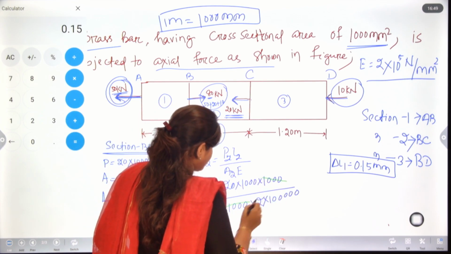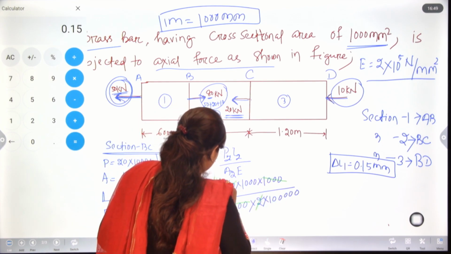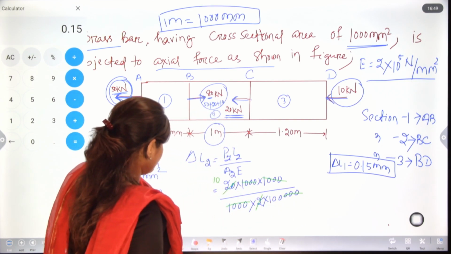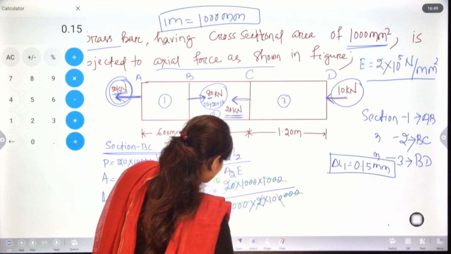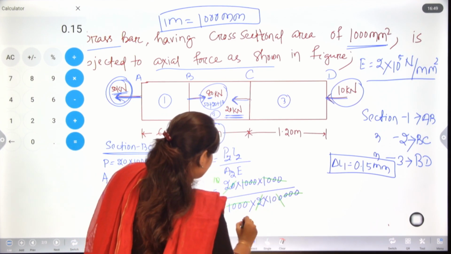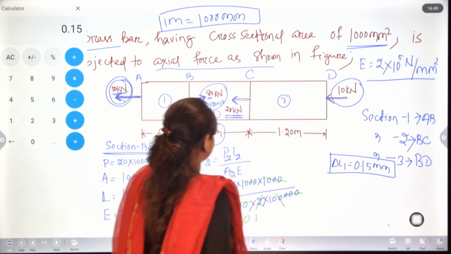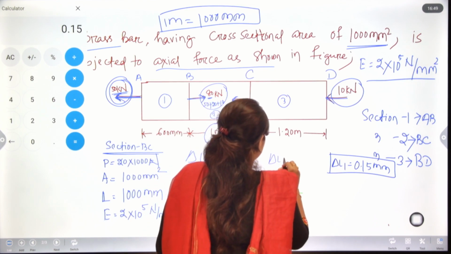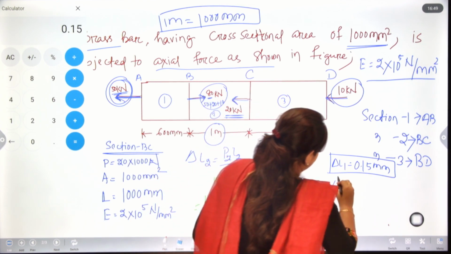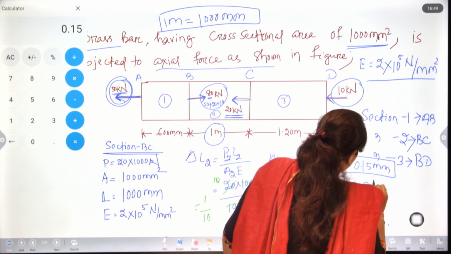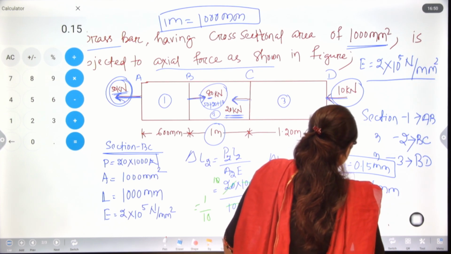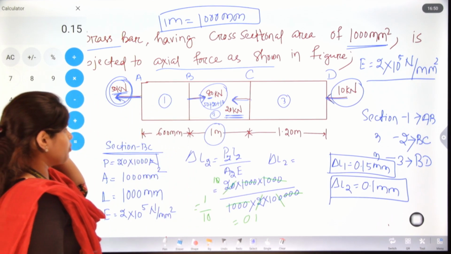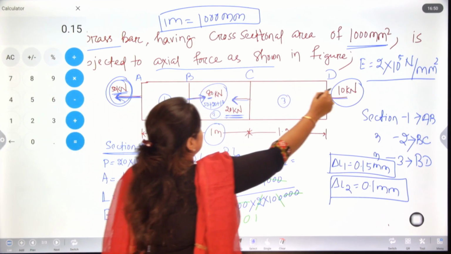Here 1000 cancels, and 2 with 20 becomes 10. So 1 by 10, that is 0.1. So del L2 equals 0.1 mm. Likewise, we will calculate for section BD.